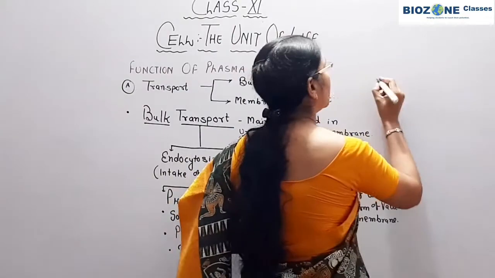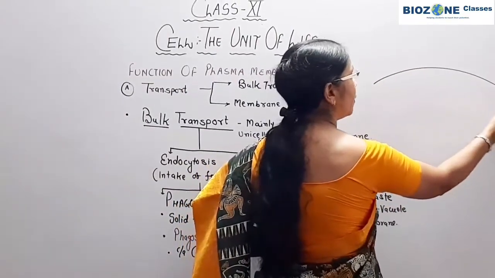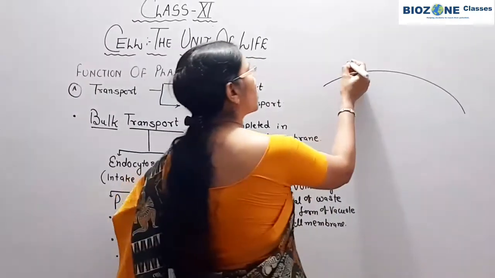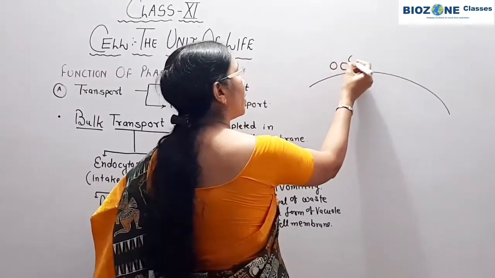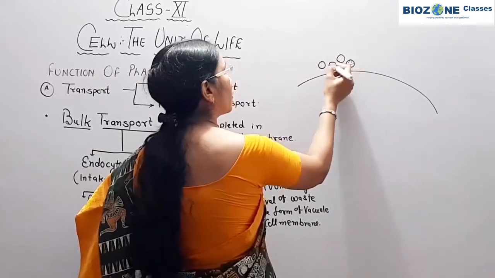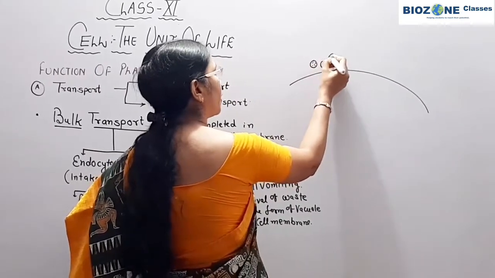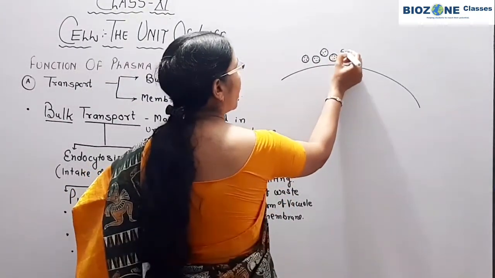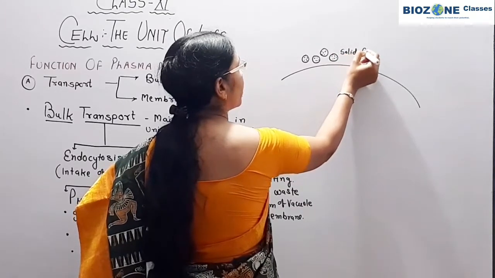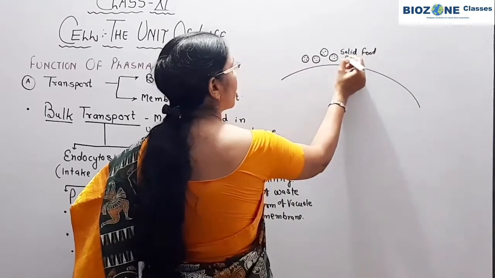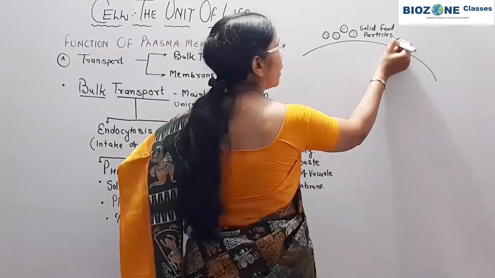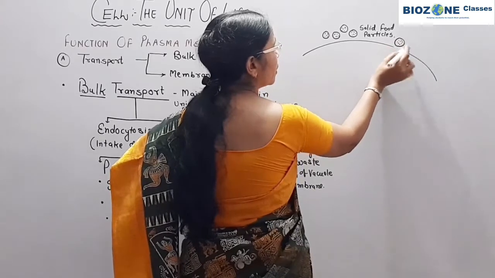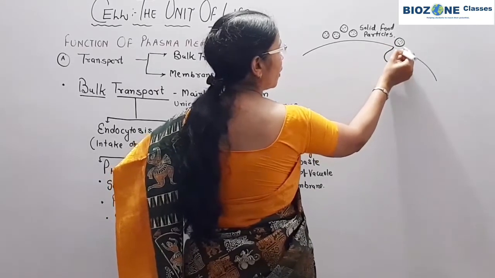Now here you see, suppose this is the plasma membrane. The external surface of the plasma membrane comes in contact with a food particle. Suppose the food particles are solid food particles. When these food particles come in contact with the cell membrane, invaginations develop.